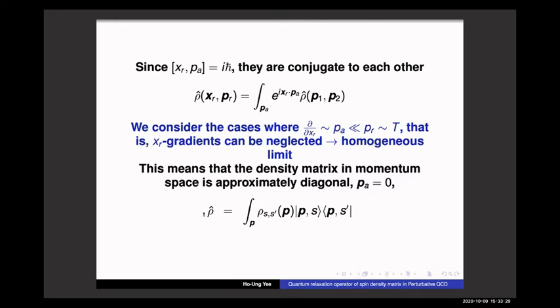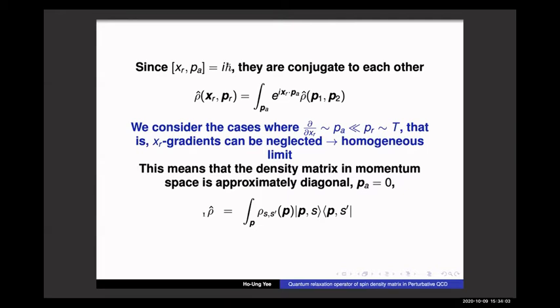As I mentioned before, we want to consider a simplified case of the spatially homogeneous limit, which means that the gradient of XR, which is conjugate to PA, should be much less than the characteristic scale of quasi-particles, which is of order temperature.